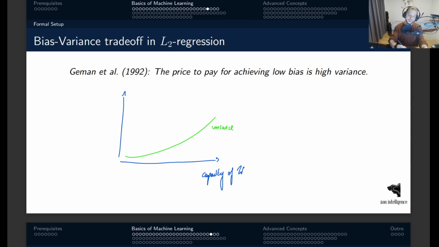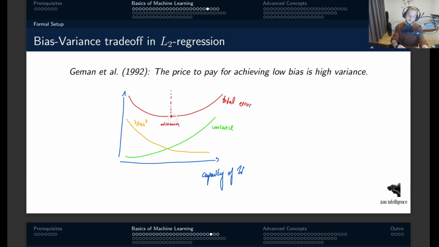And therefore, as the capacity decreases, we have increasing bias. And actually, the term in the bias variance decomposition is a bias squared term. And since the total error is the sum of these two errors, we have that the total error has this U shape.